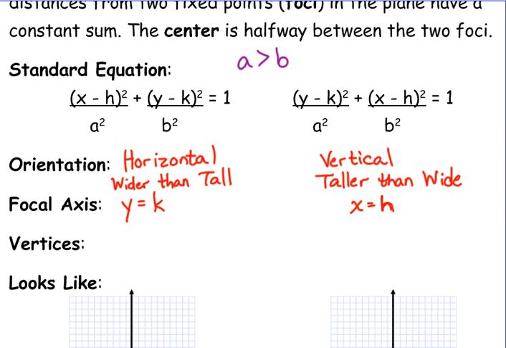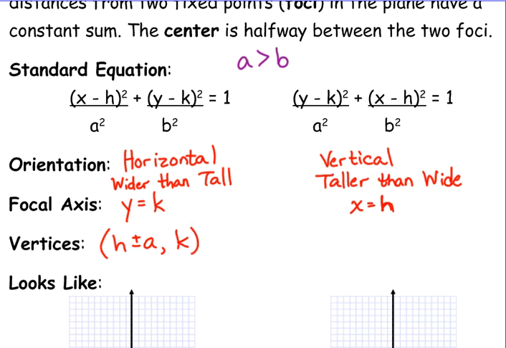For the vertices, for the first one we've got (h plus or minus a, k).